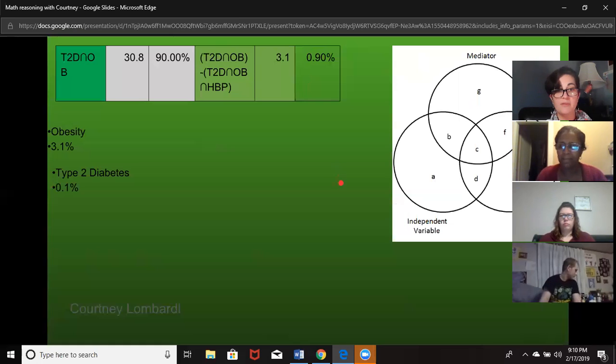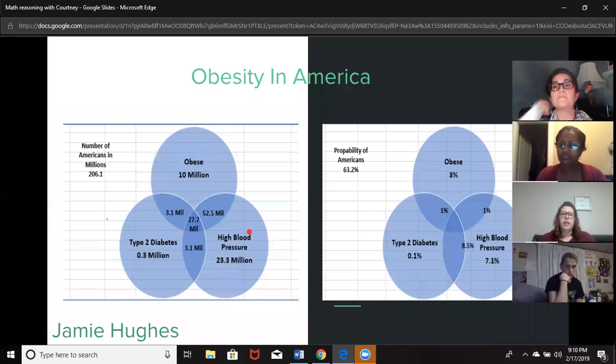Jamie, how would you apply what you learned to develop a theory on if high blood pressure and diabetes are related to obesity? Well, we learned, according to the data that was collected, obesity can be related to high blood pressure and diabetes. And this was proven by the Venn diagram that we had to make.